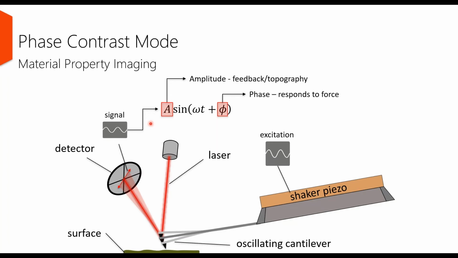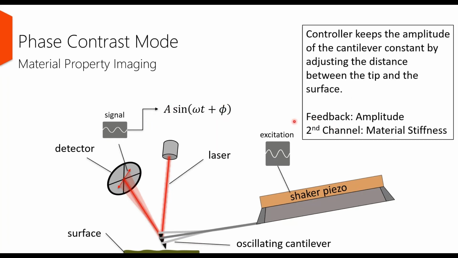So forces can be anything. It can be mechanical forces, electrical forces, magnetic forces, any sort of force. The cantilever will react to that force, and the phase will change according to that. So in phase contrast imaging, first the amplitude is used for feedback. This is to get the topography. And then we get a second channel, which gives us material stiffness or any sort of force measurement.